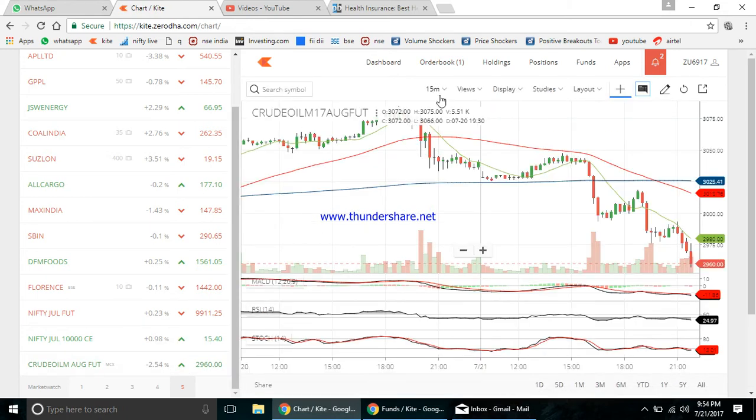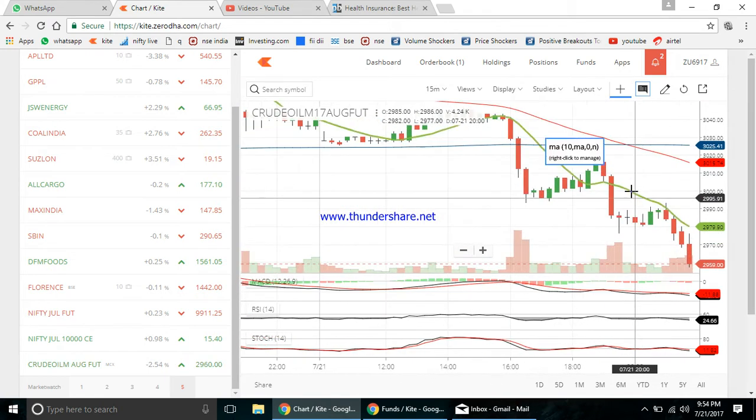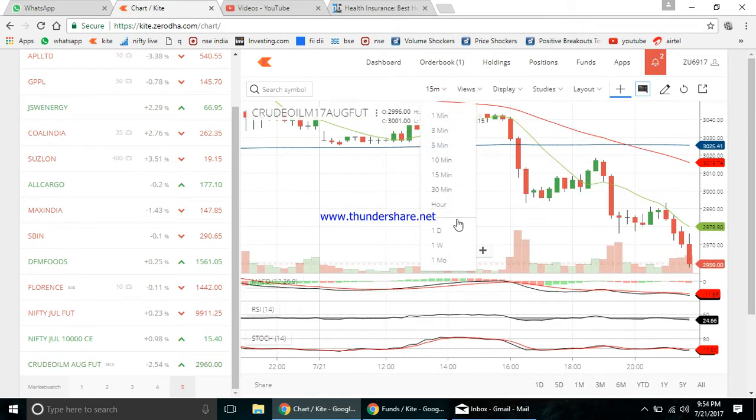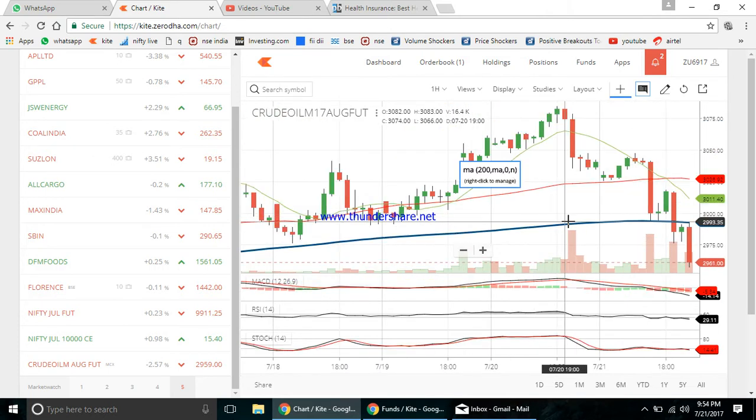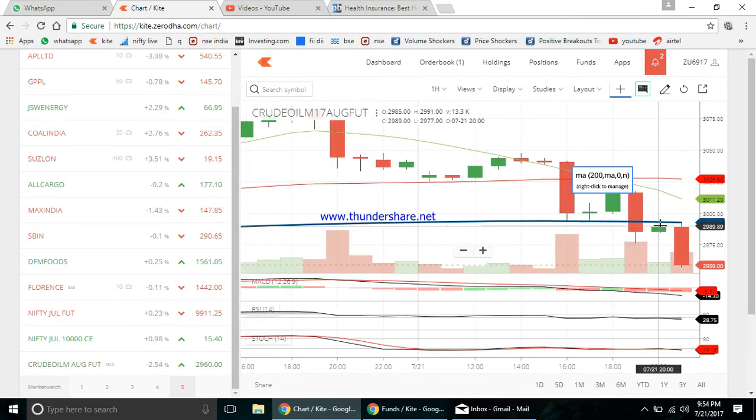And so this was the first level at which I had sold. Let me just show you that one quickly. I was using the 1 hour chart, and the top of the green candle, 2990.3, was where I sold first of all one lot in crude oil. The second one I sold once I was a little in profit.